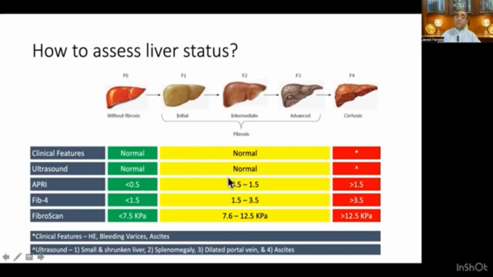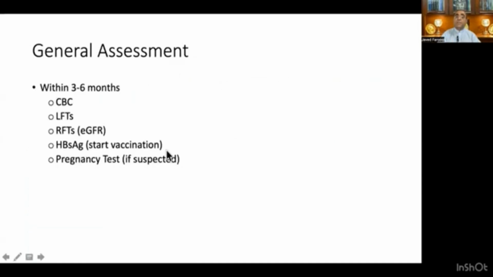Ultrasound will be normal, but when we check the APRI, FIB-4, and FibroScan, if the values lie between these two ends, then this is a patient with fibrosis or non-cirrhotic chronic liver disease. It is very important that we assess the liver status, because in the last video I discussed with you that depending upon the fibrosis, we select the antiviral drug regimens and the duration.